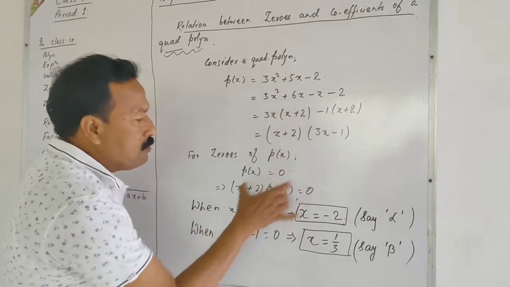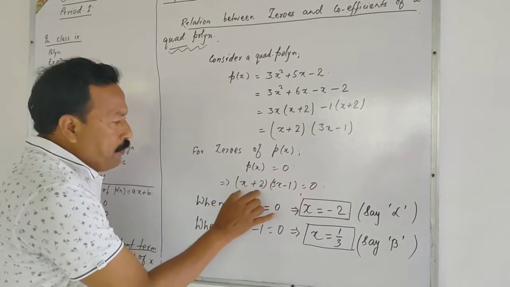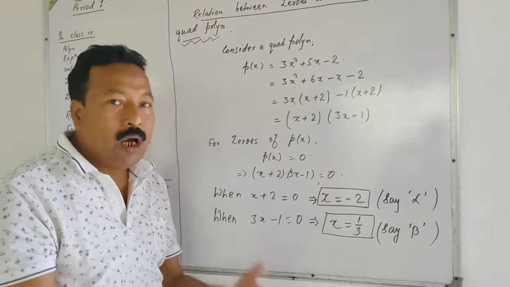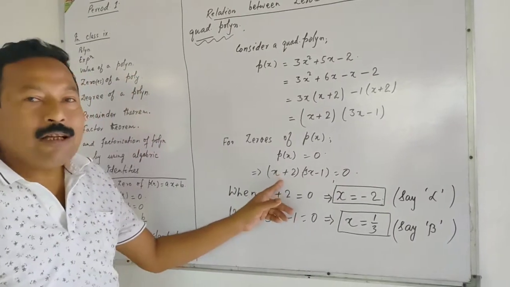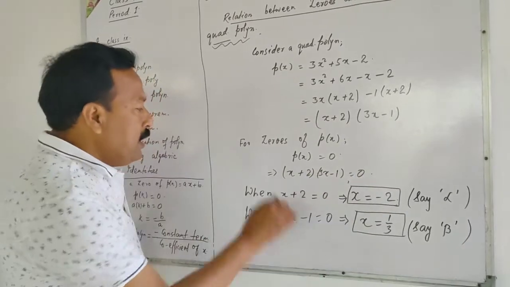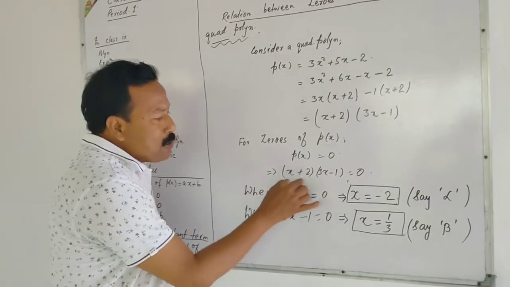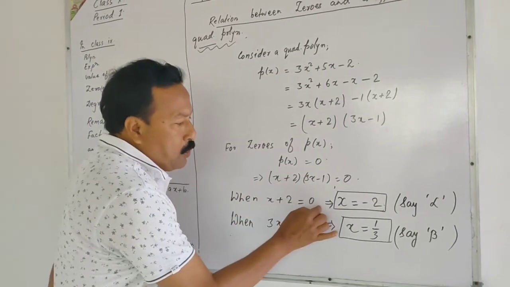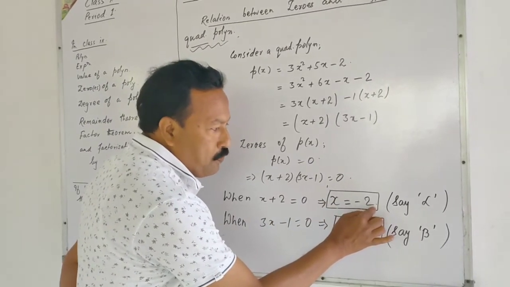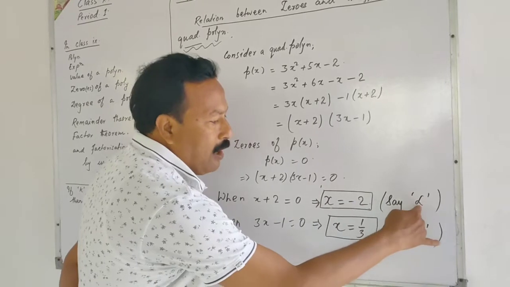That means the product of two factors will be equal to 0 only if either of them equals 0. When you take x plus 2 equals 0, x equals minus 2, say it is alpha.